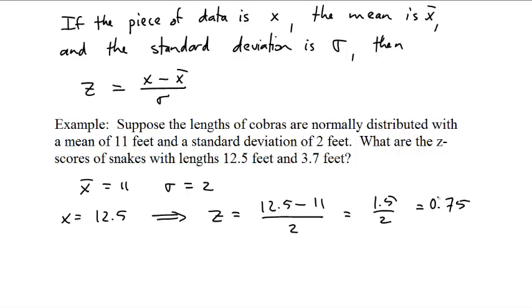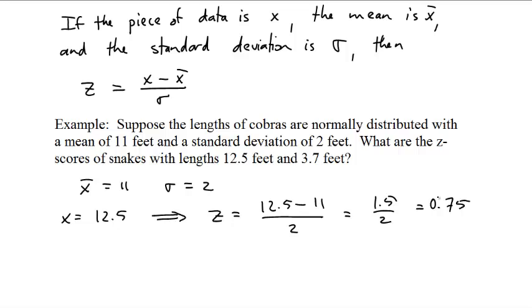What does that tell me? That tells me that it's a positive number. A positive number means you are more than average. That is a longer than average cobra. The fact that it's less than 1 kind of tells me it's still normal.